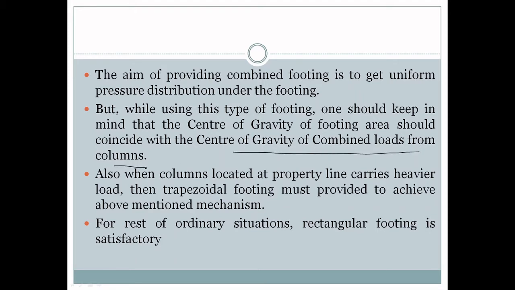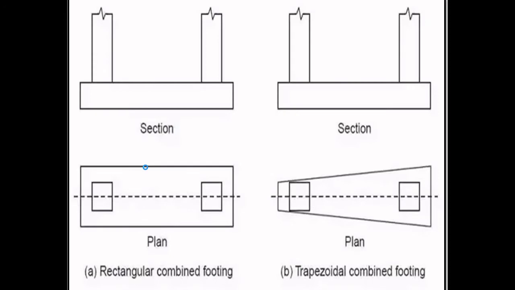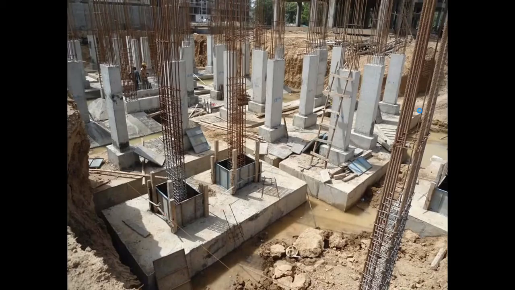Also, when the column is located at the property line and carries heavy load, then a trapezoidal footing must be provided to achieve the above mentioned mechanism. This is the image of combined footing. You can see both the columns have a single footing. This is the actual image of combined footing.